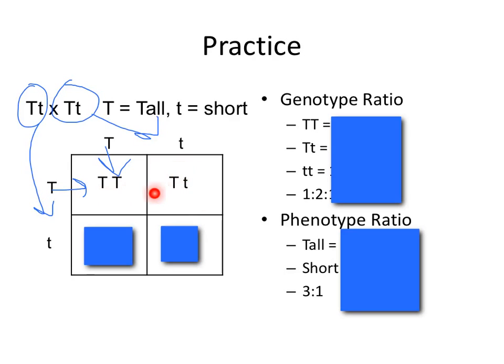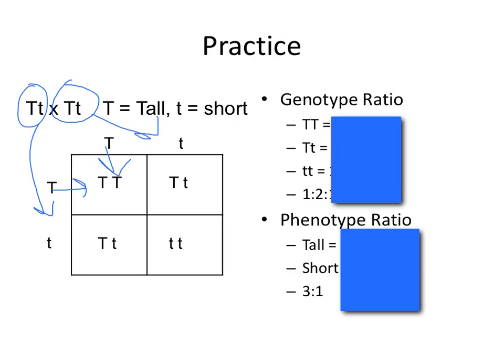We've got the big T from here, the little t from here, so we have a possibility of making one individual that is heterozygous. If we continue along, these again make a heterozygous, and here, if we're crossing little t and a little t, that's going to equal homozygous recessive, so you have two little t's.